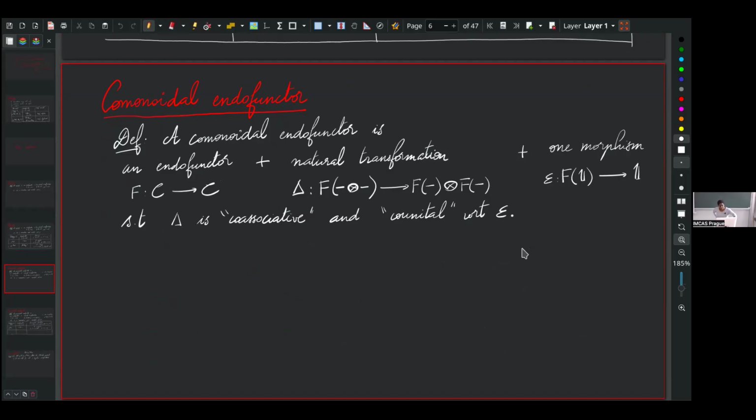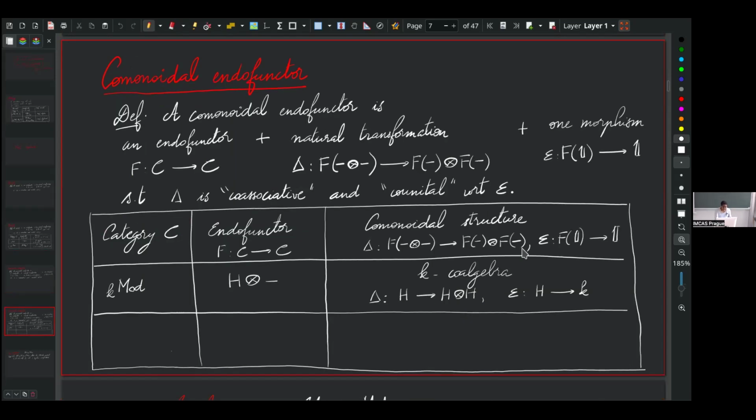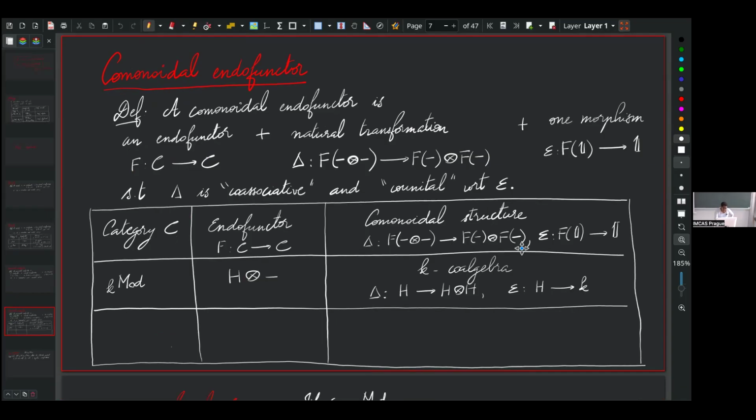And we expect these natural transformation and morphism to be coassociative and counital. In the classical setting, we recover the notion of a K-coalgebra. But in the algebroid setting, we need to introduce a new definition.